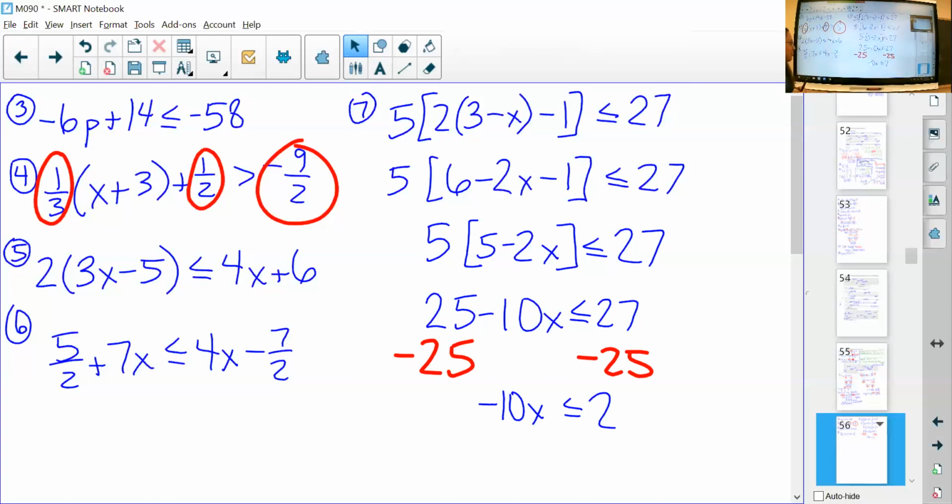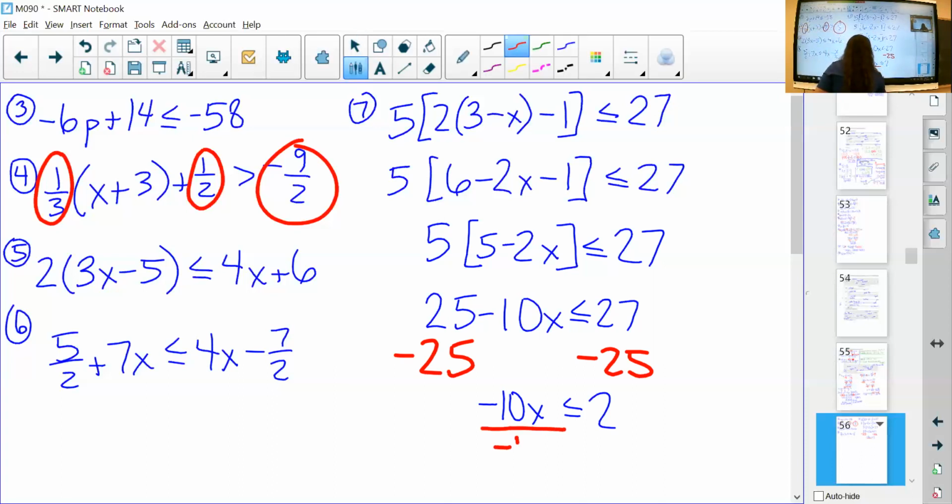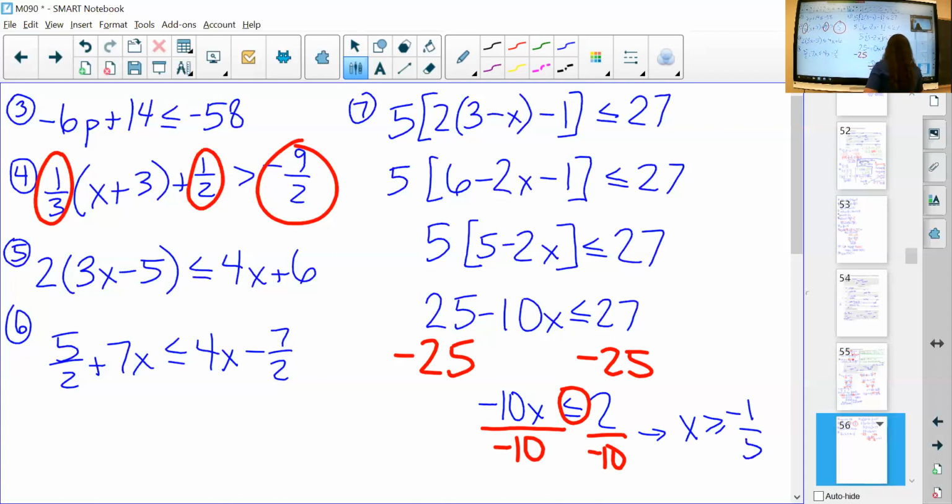Now, I've got a negative in front of my x. We're finally getting the chance to flip that sign. So this becomes x is greater than or equal to 2 over negative 10. Well, that's the same thing as negative 2 over 10, or I could even simplify it, negative 1/5.